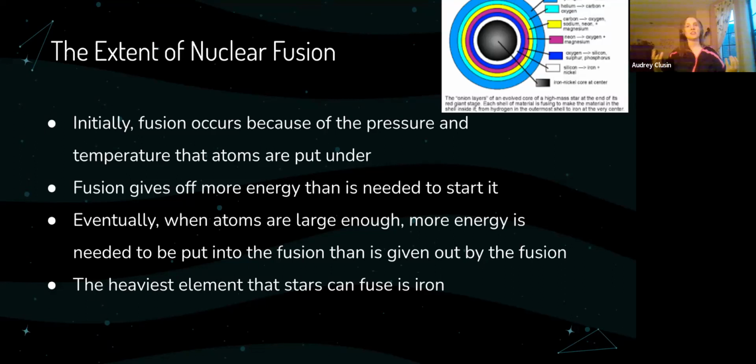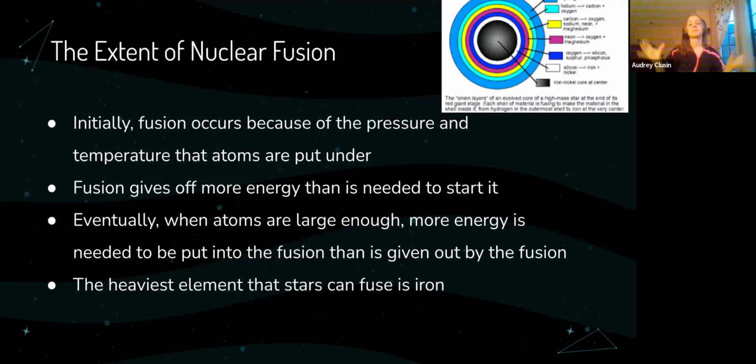I'm not sure chemically why that is, but basically with iron, once you hit that point, stars actually don't have enough pressure to make iron atoms break apart and start fusing with other iron atoms. So this means that the heaviest atom that you can produce in the center of a star is iron. So basically when atoms are large enough, more energy is needed to be put into fusion than is actually given out by the fusion. And this isn't sustainable for the star.